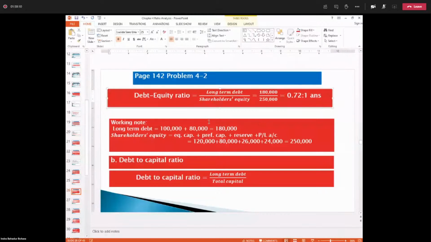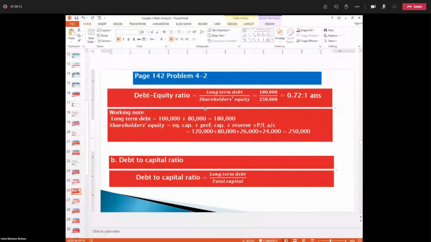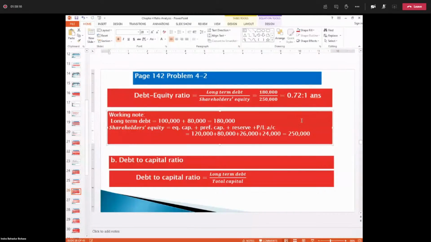Now next is debt. Sorry, 72% is long-term debt out of shareholders equity. So 72% of total shareholders equity is sufficient to cover the long-term loan. 2,50,000 is the shareholders equity, and 1,80,000 is the long-term loan.